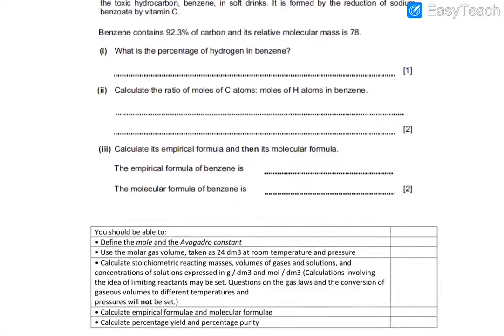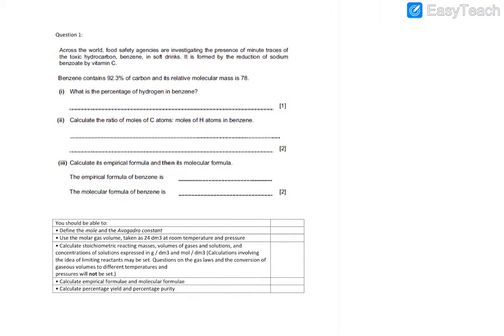See the last question. So you have percentage of carbon, Mr of benzene. What is the percentage hydrogen? So we just did that in the previous question. So you can just do a subtraction because benzene contains only carbon and hydrogen. Calculate the ratio of moles of carbon and hydrogen.